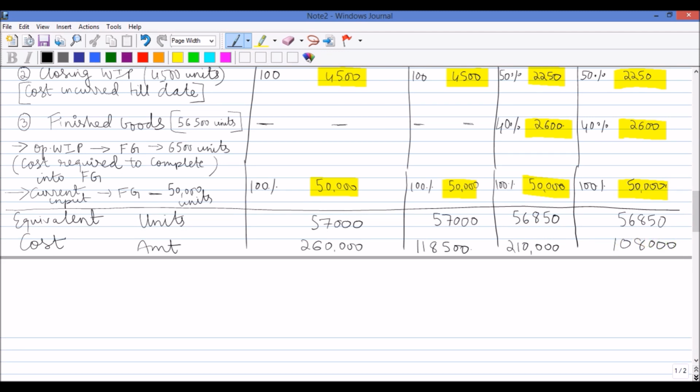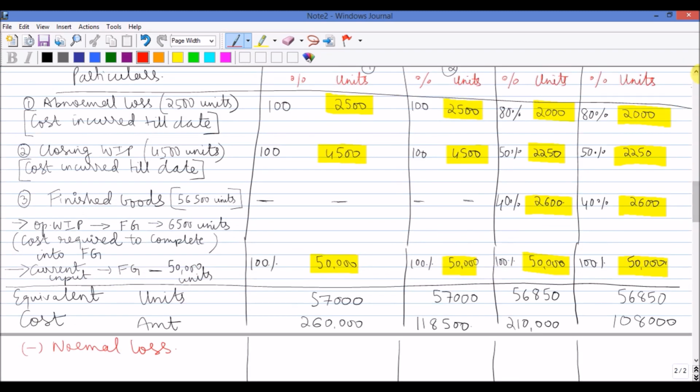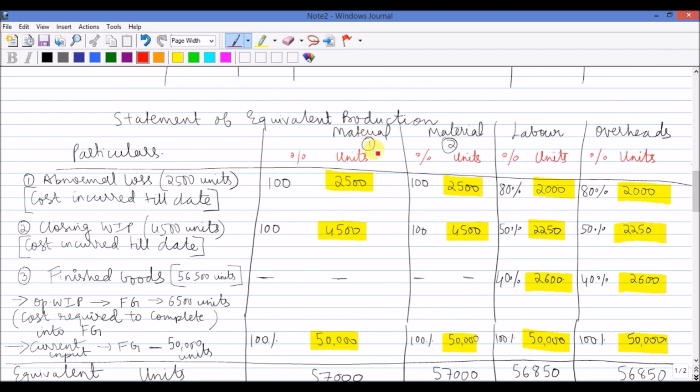Okay, now friends, one thing you need to remember is that you need to subtract the normal loss. Now you can subtract it either from material 1 or from material 2.